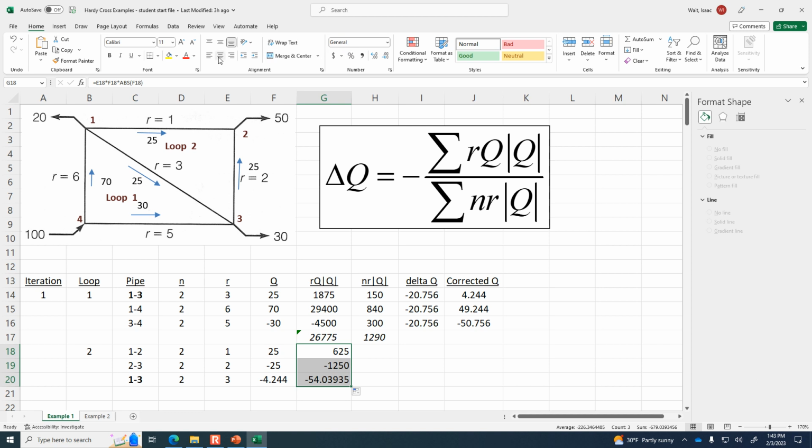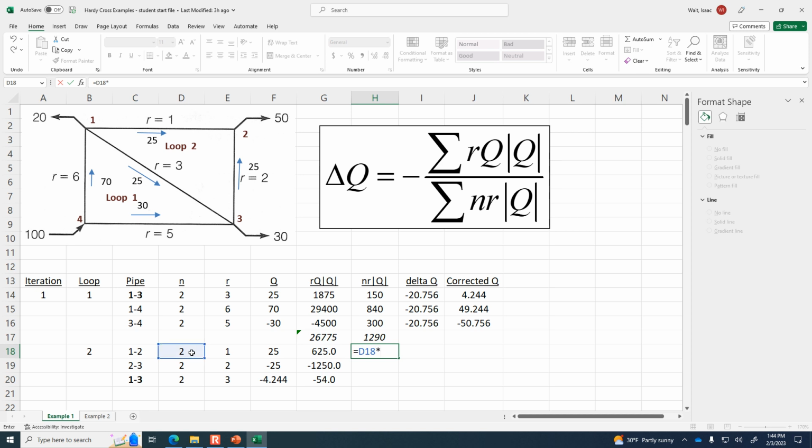I guess I'll center it and reduce the digits here. N times R times absolute value of Q. And now I need to find the sums.